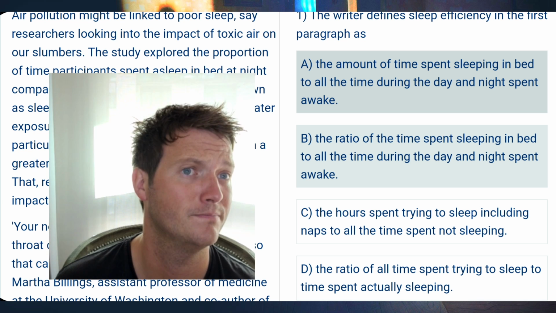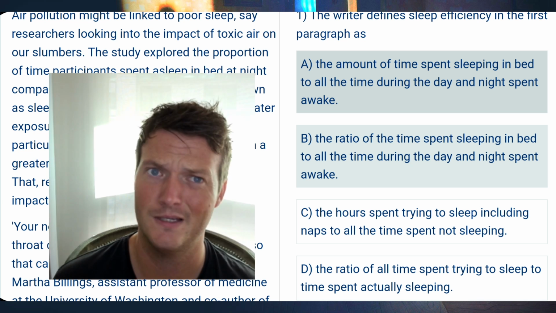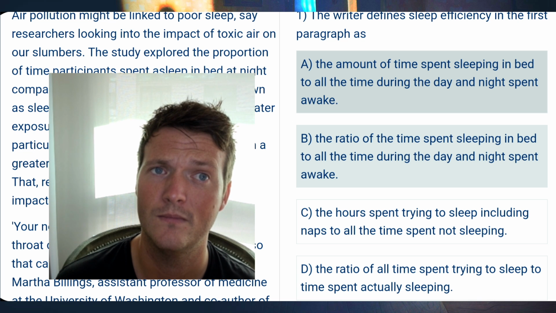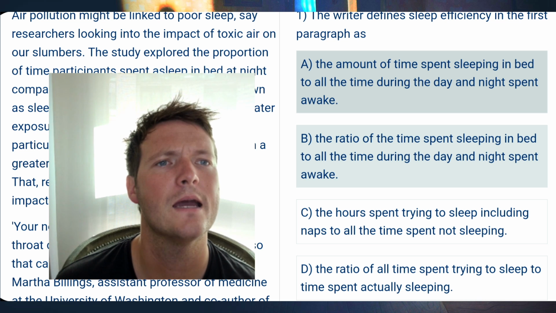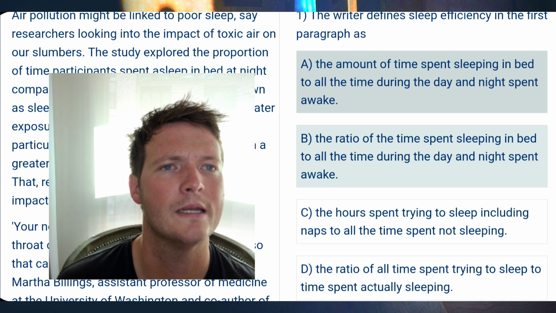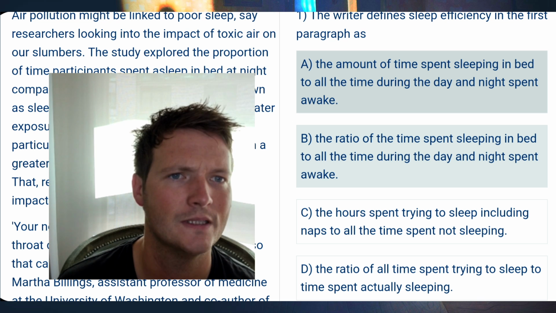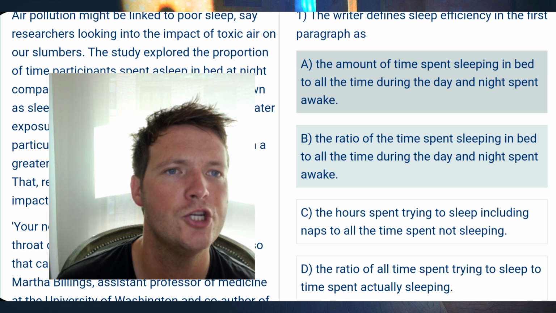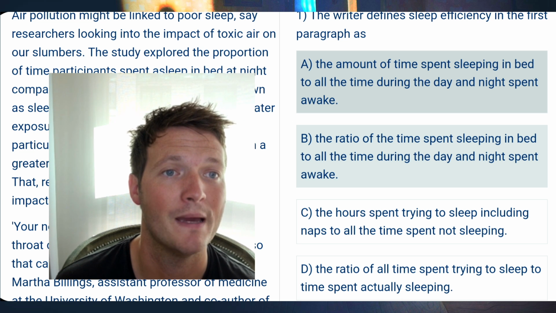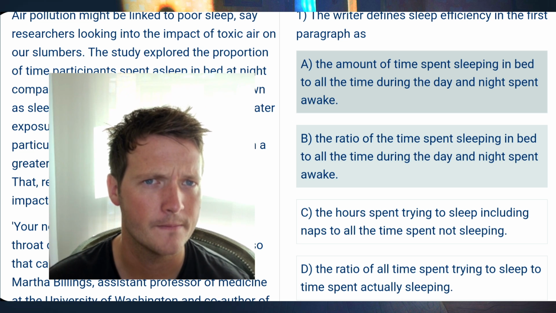I think that's the same. No? So I don't think it's that. C, the hours spent trying to sleep, including naps, to all the time spent not sleeping. I don't think that's right. D, the ratio of all time spent trying to sleep to time spent actually sleeping.